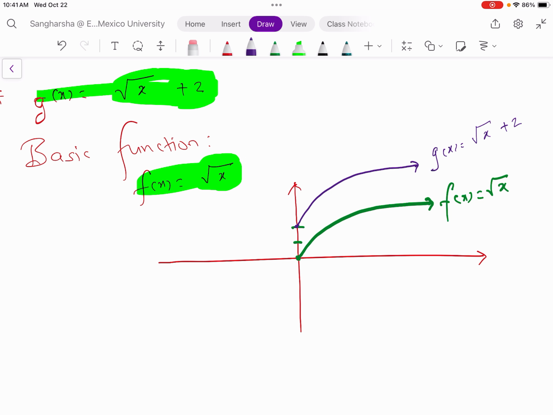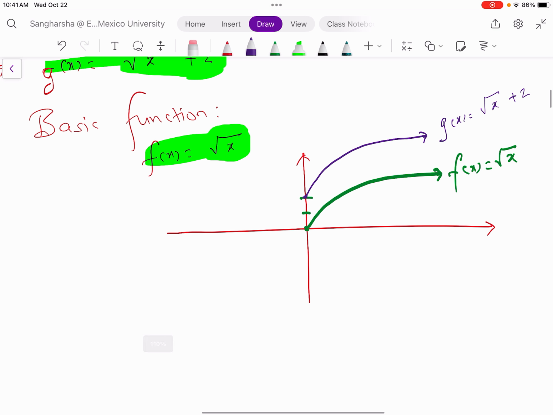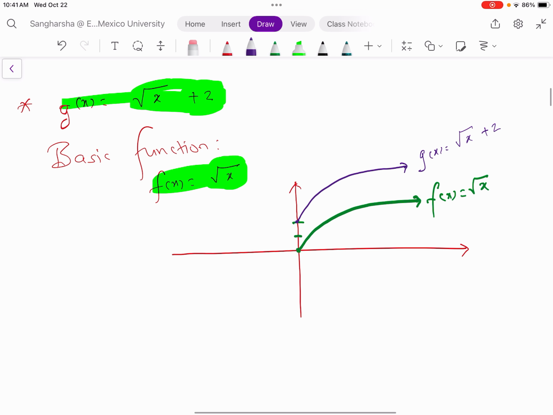Whenever you are adding any number, you are moving your graph vertically up. Now, in a similar way, let me call a new function h of x, and h of x is the square root of x plus 2.